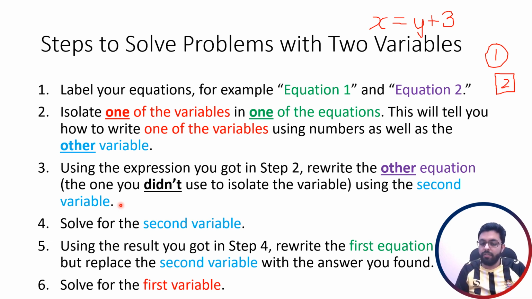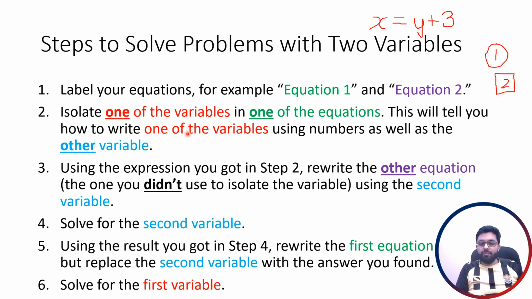You do the isolating if you have to, you do your calculations, you get an answer. With that answer for the second variable, you go back to the first equation. We started by isolating in the green equation, then went over to the purple equation, did some math, got an answer. Now we come back to the green equation, the first equation, and using the answer we found for the other variable, we figure out the answer to the first variable.